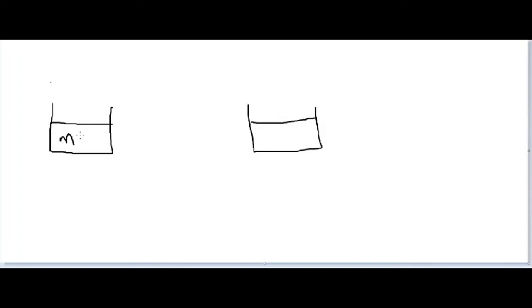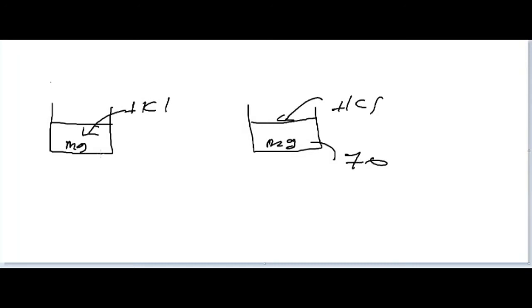We have used 1 gram of magnesium powder here, and here also 1 gram of magnesium powder, and we are going to add HCl to this one and HCl here as well. But the solution temperature here is 30 degrees and here 70 degrees. So I am going to add HCl under different temperature conditions.